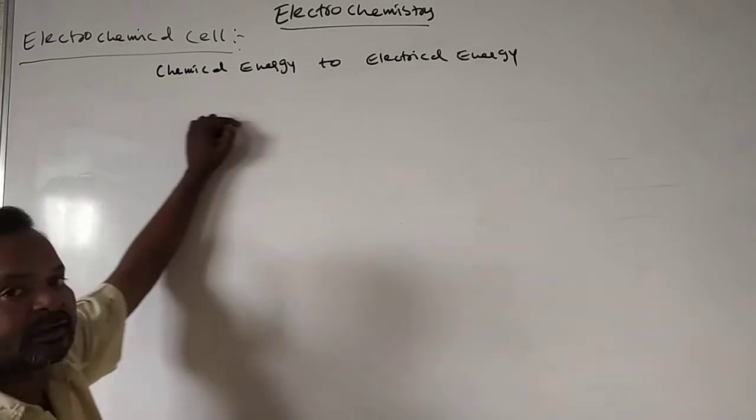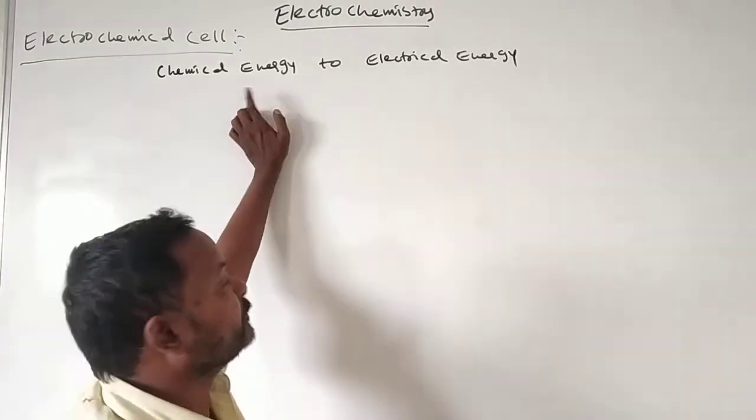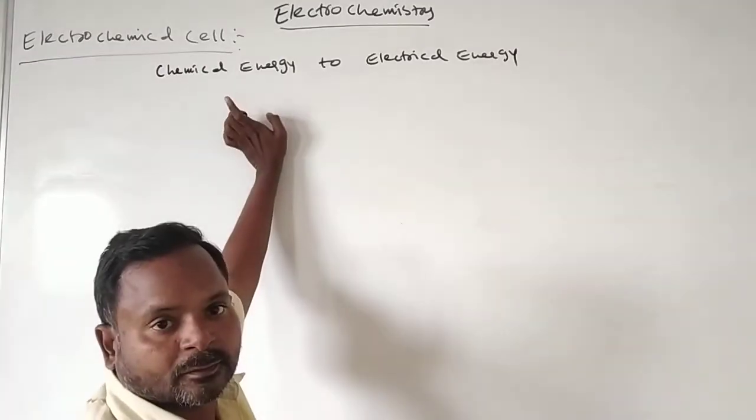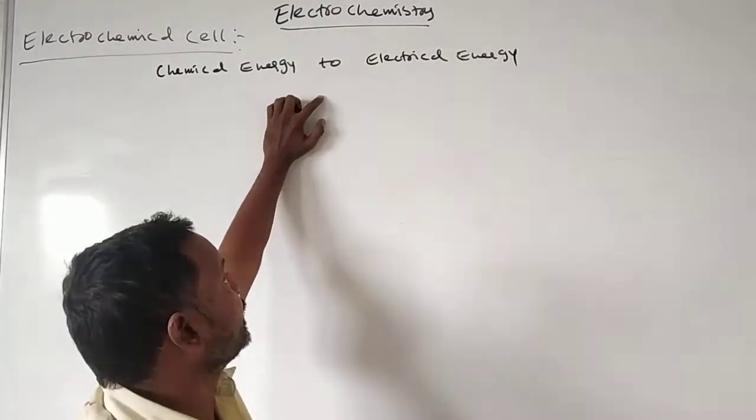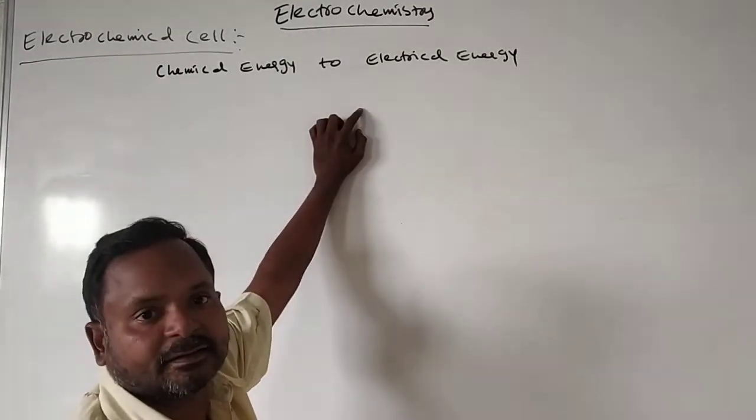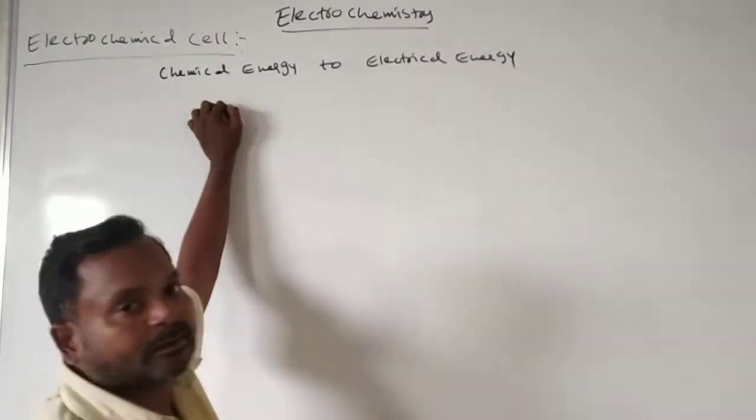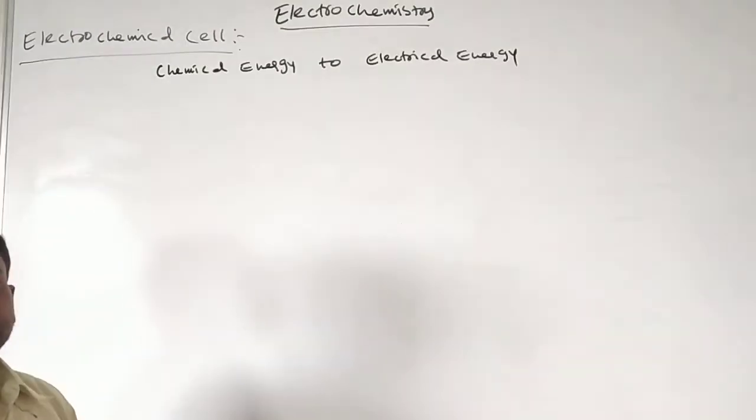What is the electrochemical cell? The cell which converts chemical energy into electrical energy we call an electrochemical cell.